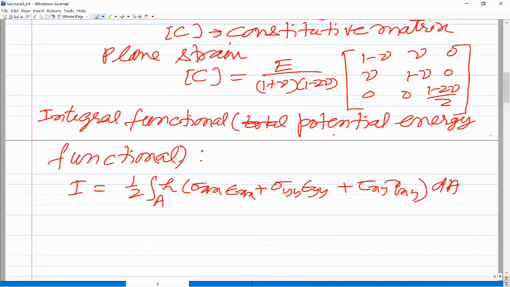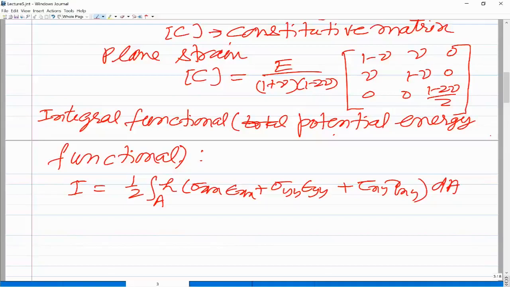So this is the strain energy part. In both the plane stress and plane strain problems, the non-zero pairs of stresses and strains are sigma xx epsilon xx, sigma yy epsilon yy, tau xy and gamma xy.